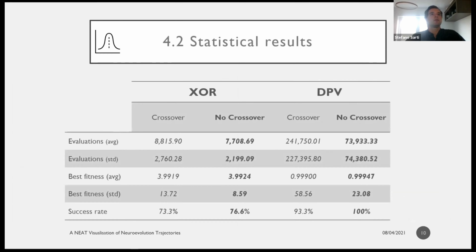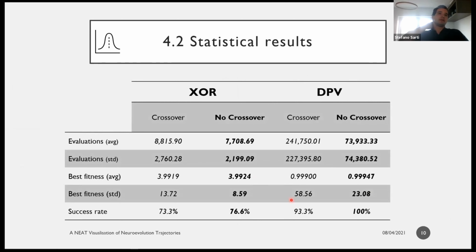So if we look at the data behind this, again just to clarify, we can see that the number of evaluations it takes for no crossover, in XOR and in double pole balancing, is less than for the crossover variant.